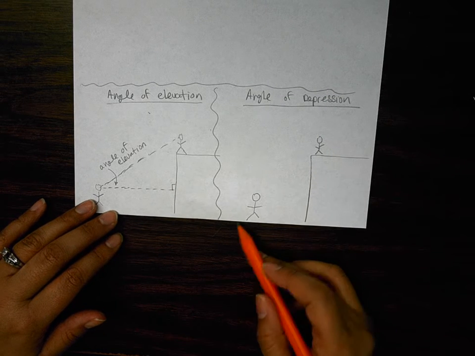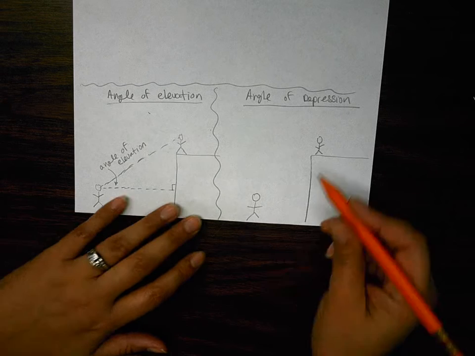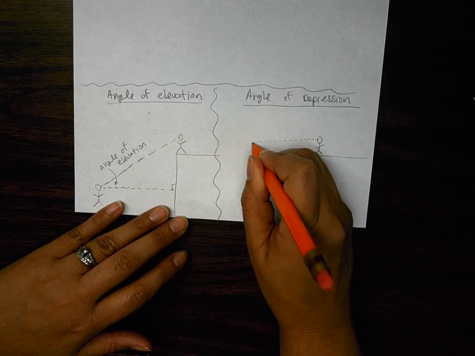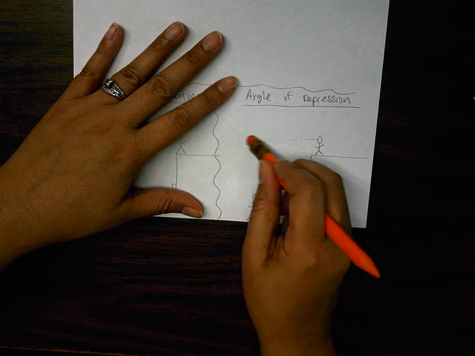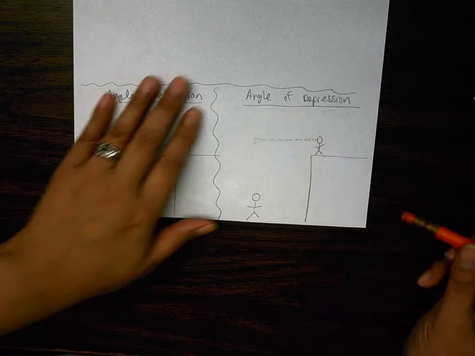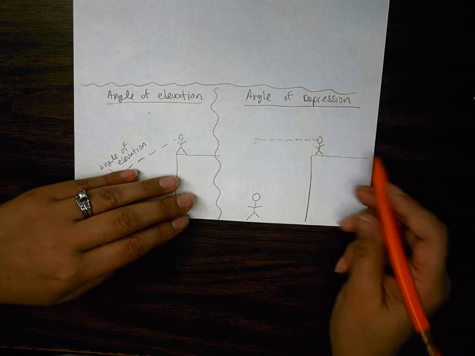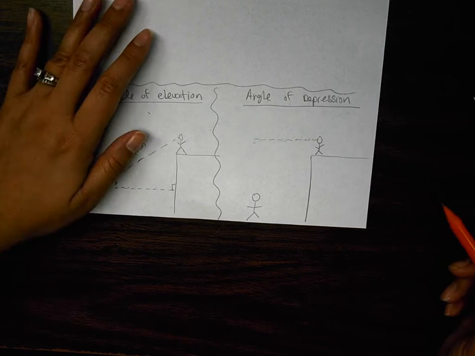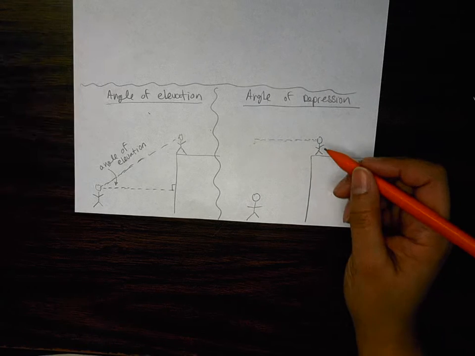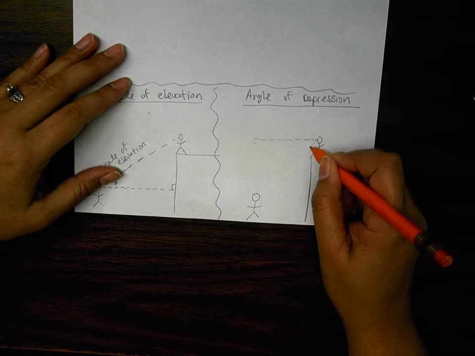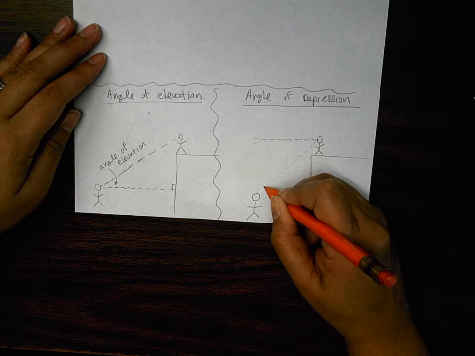Okay, so now you're up at the top and your friend is at the bottom. Remember, it's from the horizontal line of sight. So here's your horizontal line of sight, and remember, your horizontal line of sight is always parallel with the ground, which will be perpendicular with the building. You are looking straight out, and then you look downward to see your friend.